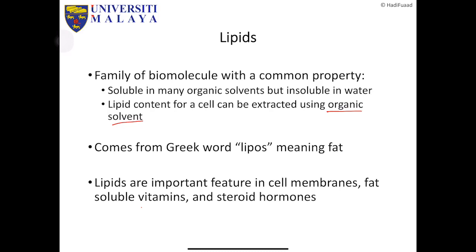Lipid comes from the Greek word lipo, meaning fat. Lipids are an important feature in cell membranes, fat-soluble vitamins, and steroid hormones. If you remember from high school, we have these four vitamins: vitamin A, D, E, and K, ADEK, which are soluble in fats.